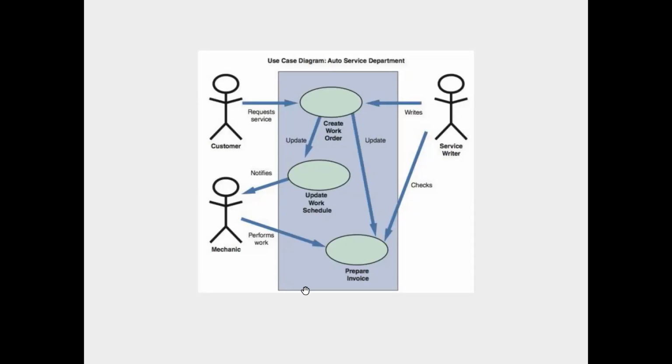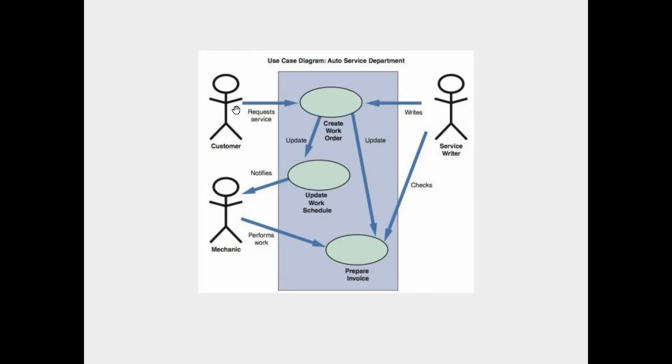Right. Now let's look at an example. So auto service department. This rectangle shape represents the whole information system. And here we have three use cases: create work order, update work schedule, and prepare invoice. Then we put up all the external entities, the actors. We have customers, we have a mechanic, we have a service writer. Then we have relationships.